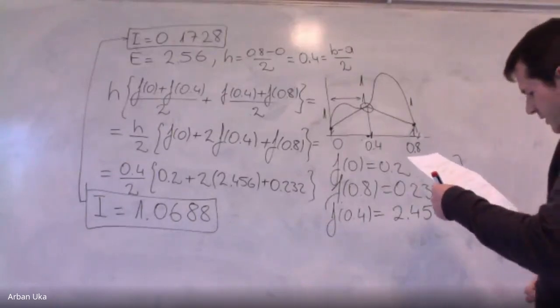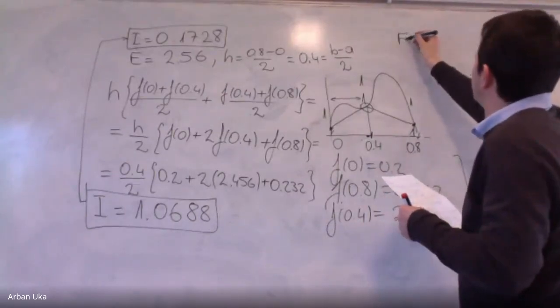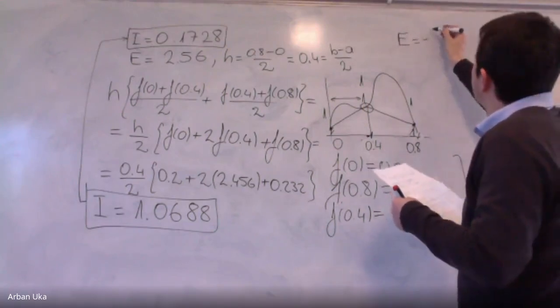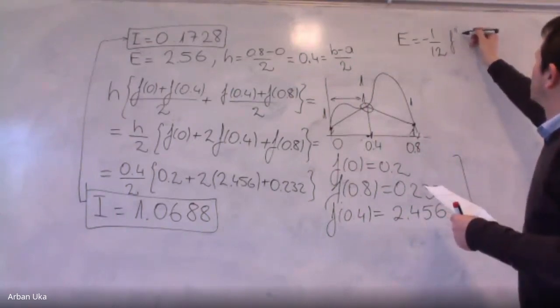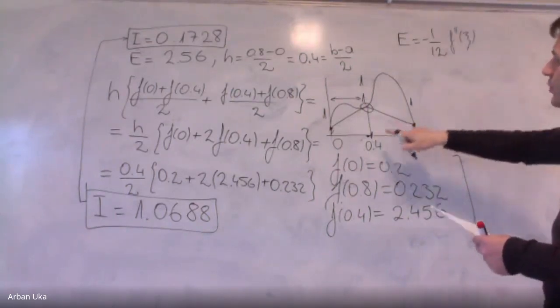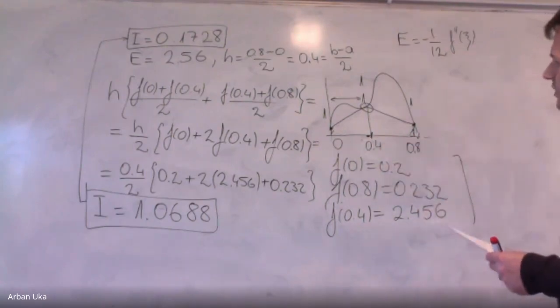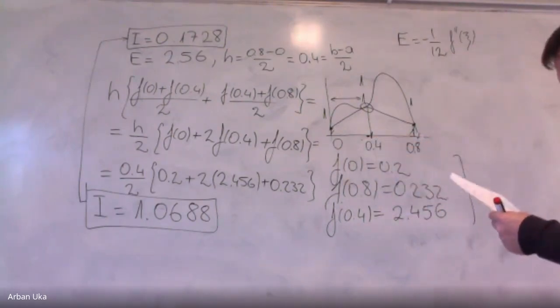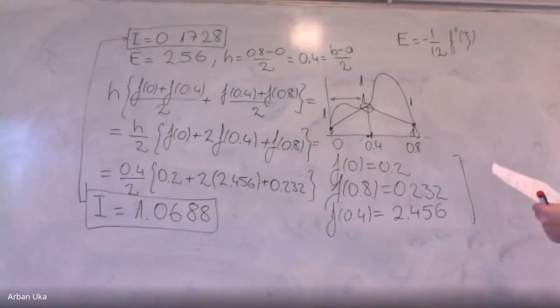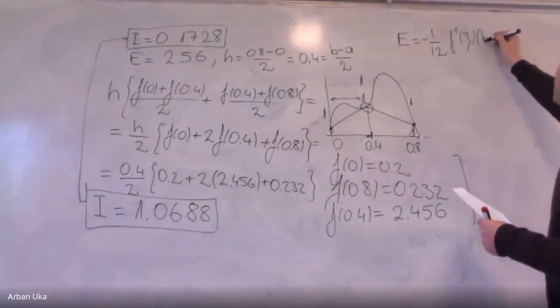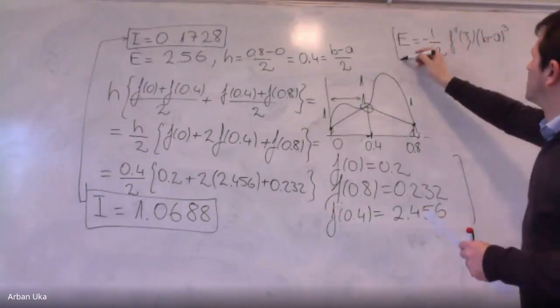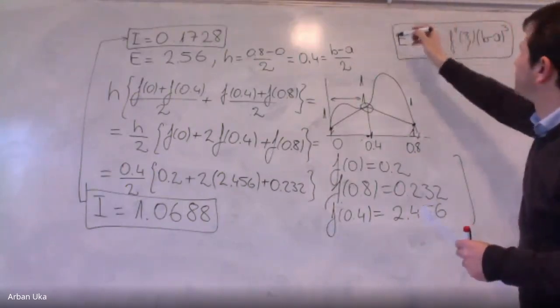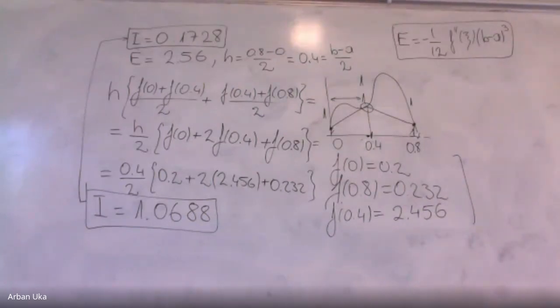So the error initially, it was minus 1/12, the second derivative of the function, evaluated at any point midway through anywhere in this domain where we are calculating the integral, times b minus a, which is the whole domain, to the power 3. So this is the error which is expected from the trapezoidal rule.